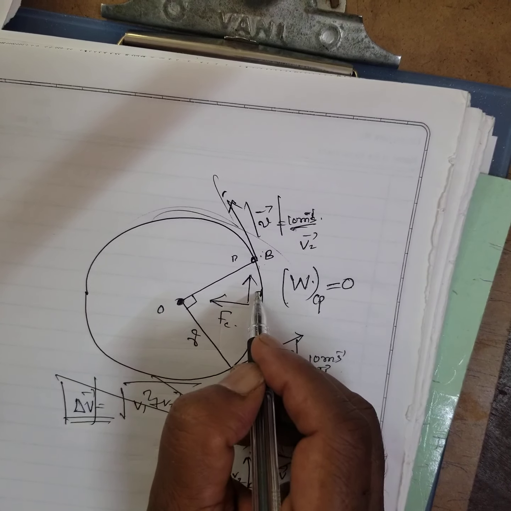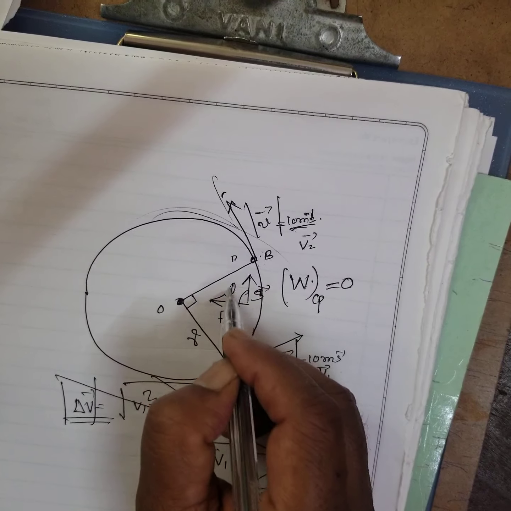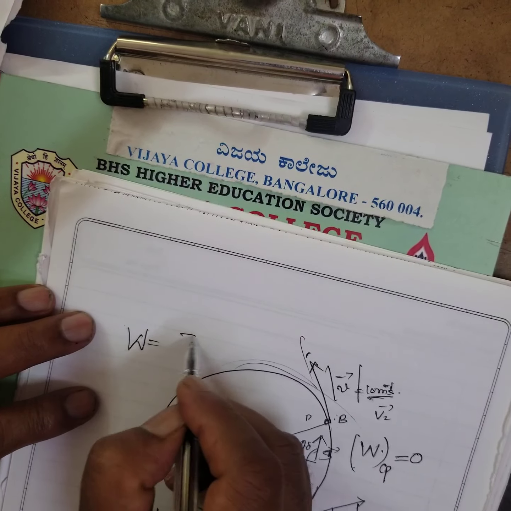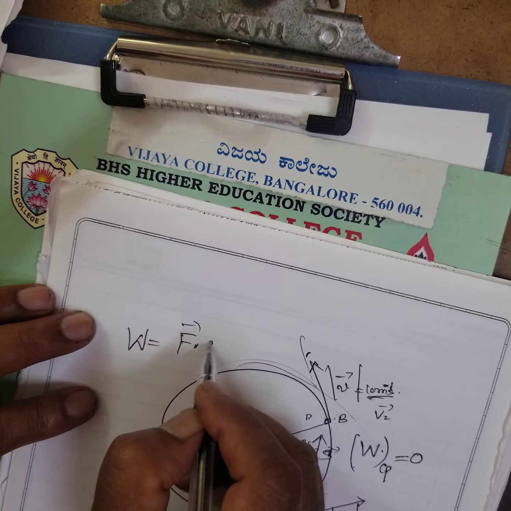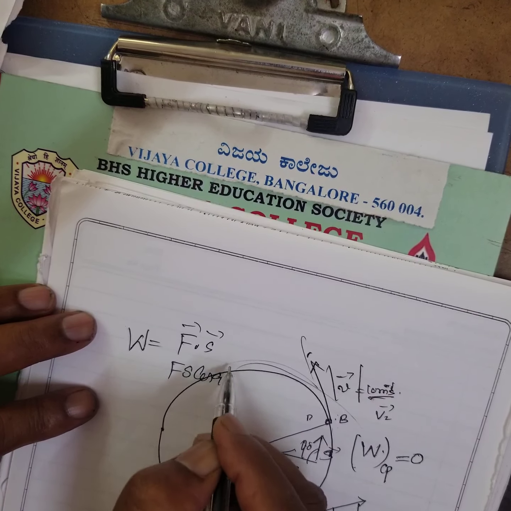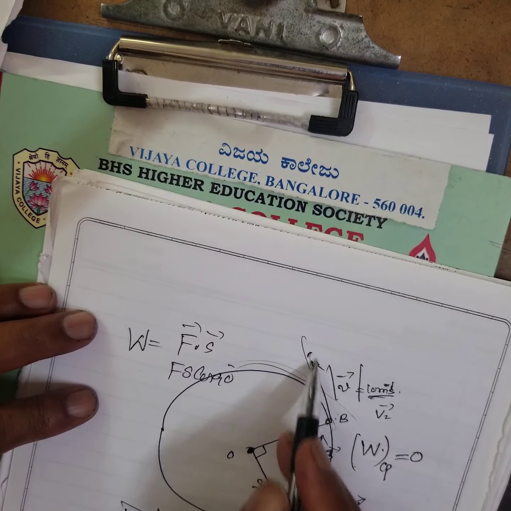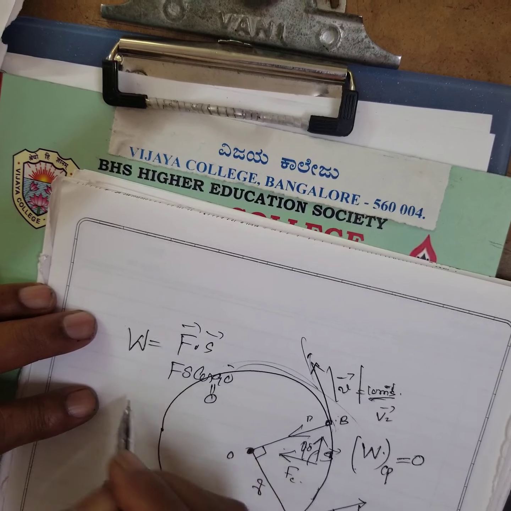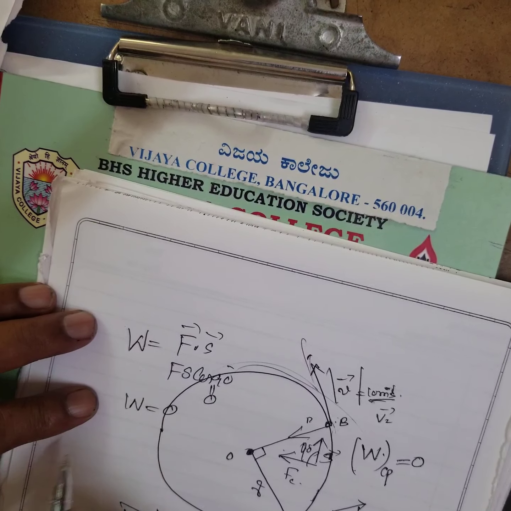What is the angle between them? 90 degrees. Work done is F dot S. The force is acting towards the center, the displacement is along the tangent, the angle between them is 90. Cos 90 is equal to 0. Therefore, work done is equal to 0.